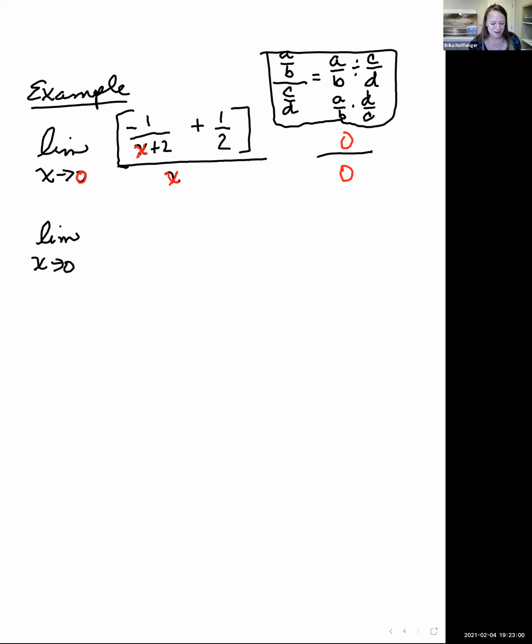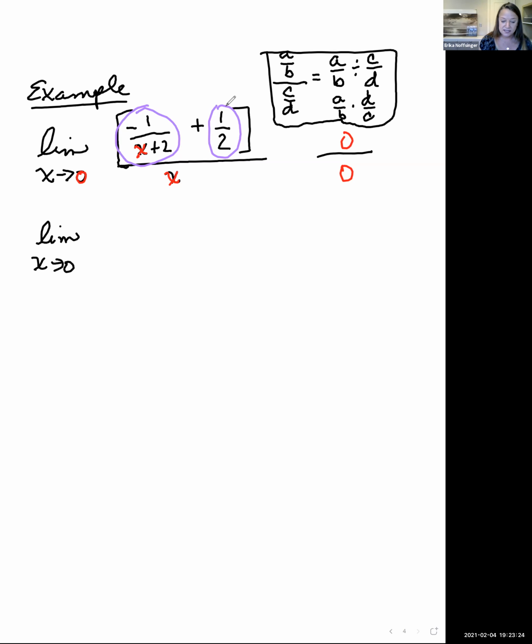Okay, so what I was saying before my screen disappeared was that another way to simplify these complex fractions is to look at the fractions within the main fraction and find the LCD. Then we multiply by the fancy one, our LCD over the LCD. Looking at the fractions within here, I have one fraction, which is -1 over x plus 2, and I have 1/2.